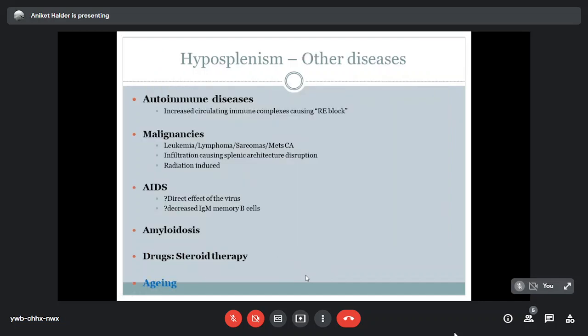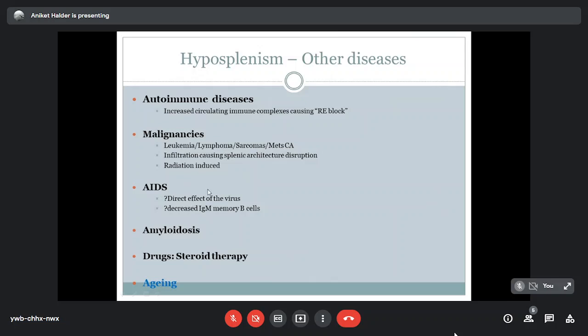Other diseases associated with hyposplenism I have already mentioned in the causes: increased circulating immune complexes causing reticuloendothelial block in the different autoimmune diseases. Leukemia, lymphomas, sarcomas can cause hyposplenism in the later stages, where diffuse infiltration of the spleen by these malignancies will cause splenic architecture disruption and decrease normal functioning of the spleen.